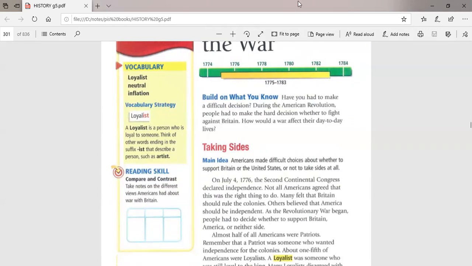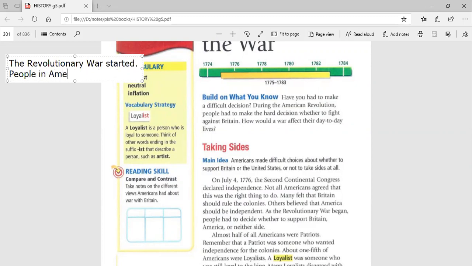So again, guys, I'm going to write for you here. I told you the Revolutionary War started. People in America are divided into three groups. What are these three groups?